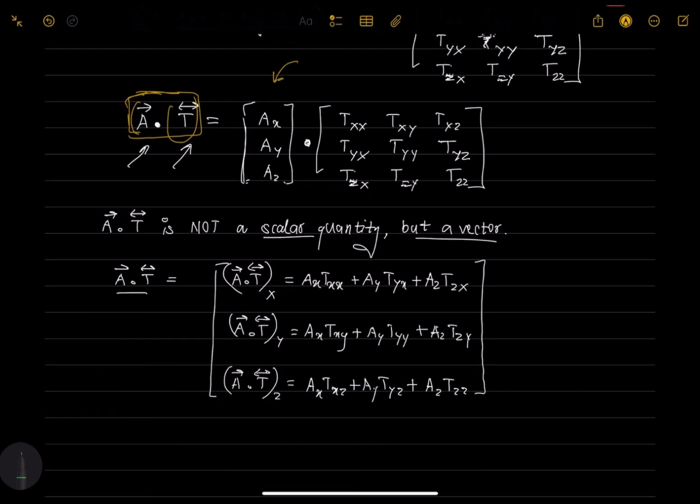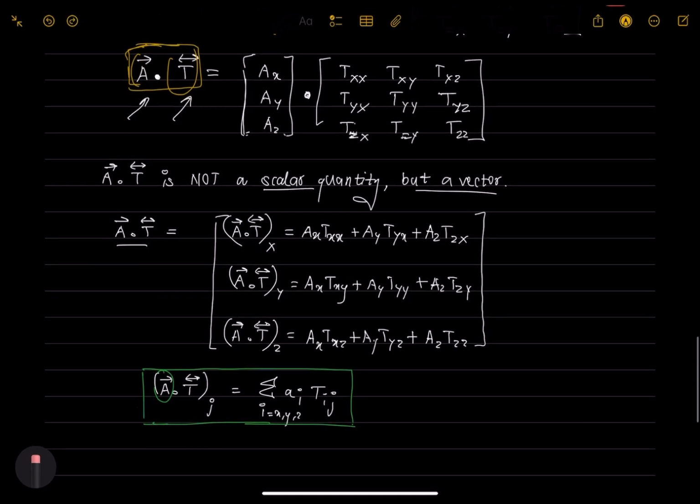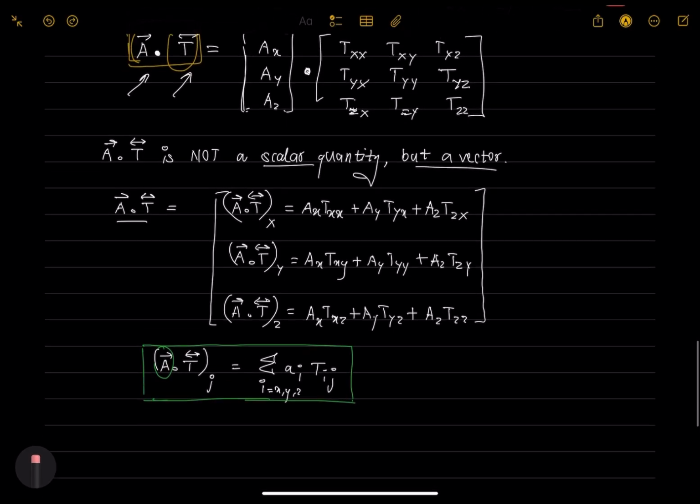For the x element, as I said, we take the dot product between the vector and the x terms, meaning the x column, where x is the second index. All right, so that's about it for how the dot product is defined.